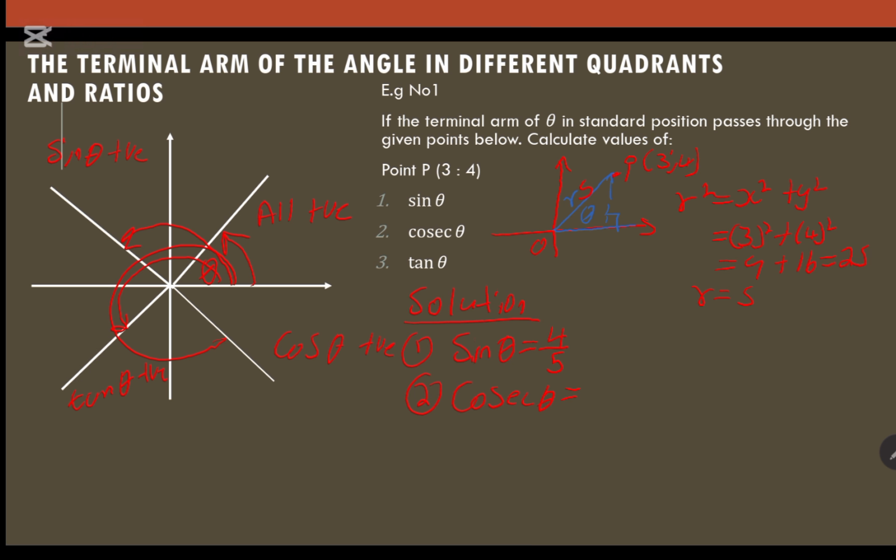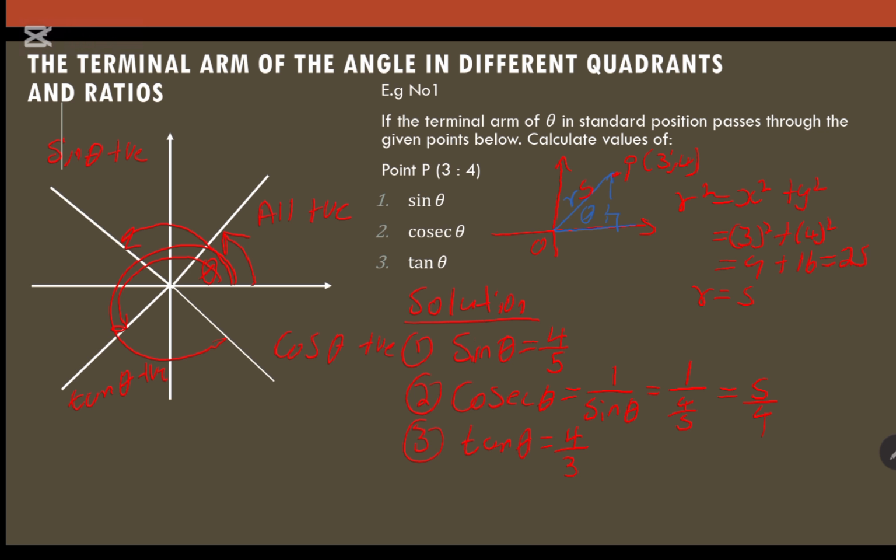Therefore, it is equal to 1 over sine theta. Therefore, 1 over 4 over 5. This is equal to 5 over 4. And the last one, which is question 3, tan theta is equal to y over x, so that will be 4 over 3. And we have answered the questions.